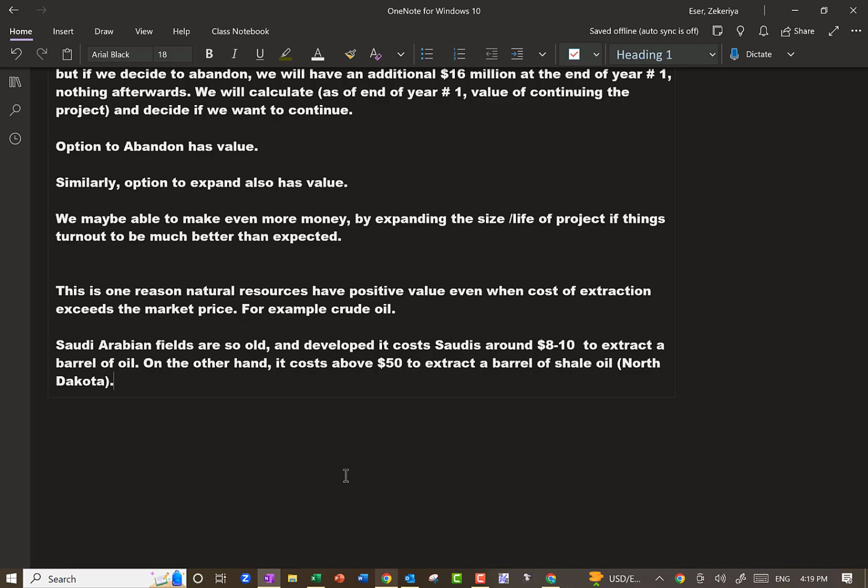Yes, there'll be a cost to maintain it, but typically that's not too much. Make sure that nobody comes and steals it, but that's not too much of a cost. But there's going to be years like this year, you can get $90 a barrel, then you're going to go ahead and do it.